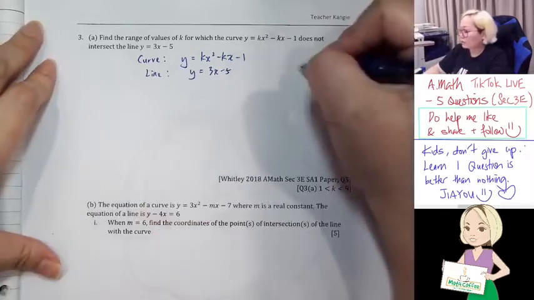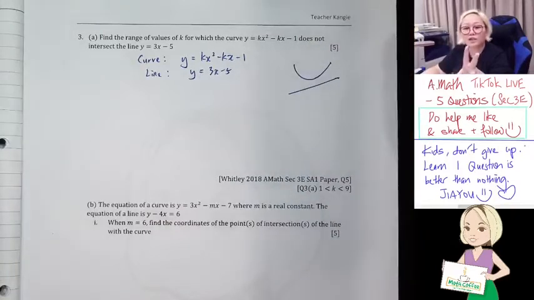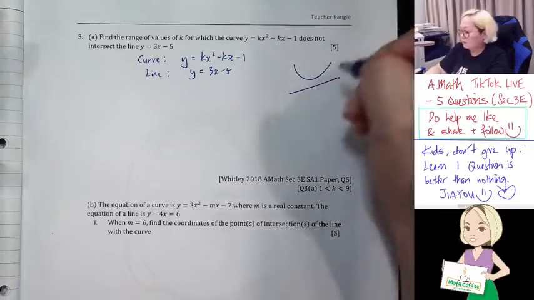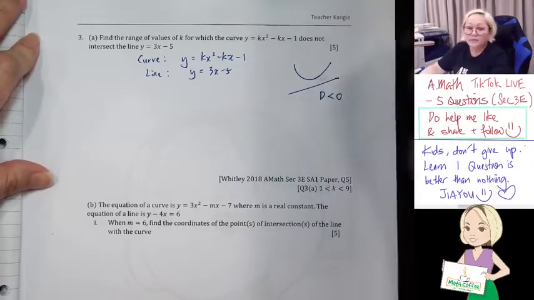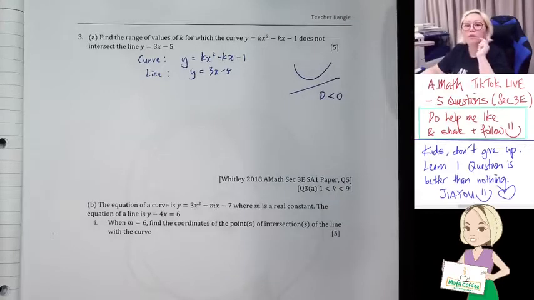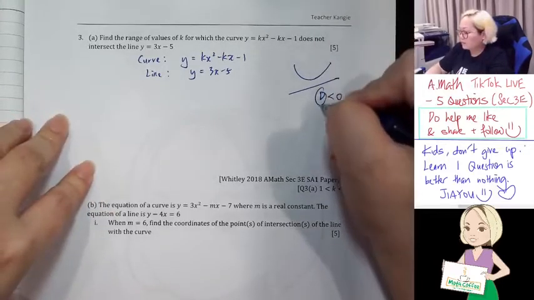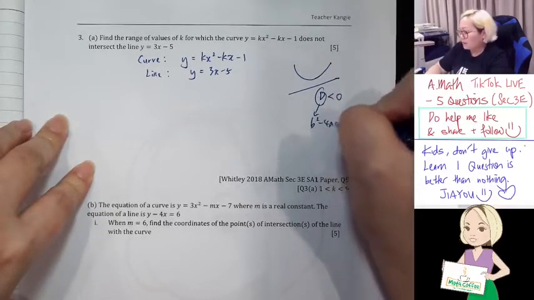So the curve and the line will not touch each other. If it does not touch each other, it means that my discriminant is less than 0. Understand? Discriminant is less than 0. Discriminant is b squared minus 4ac.